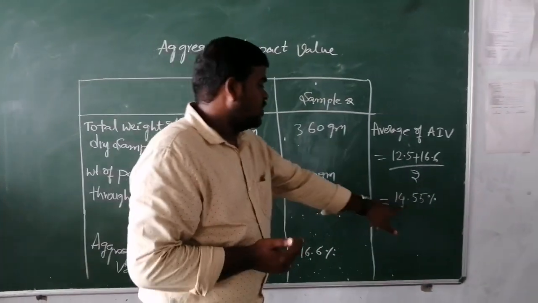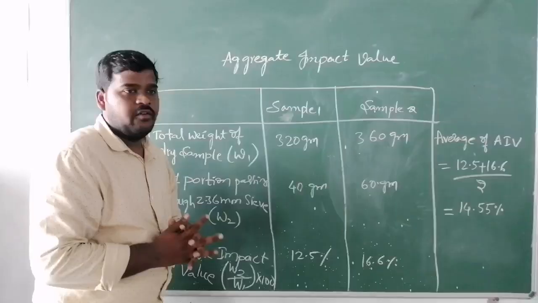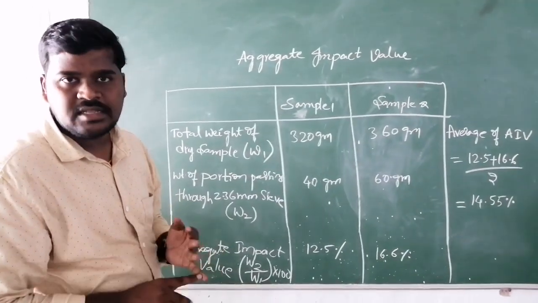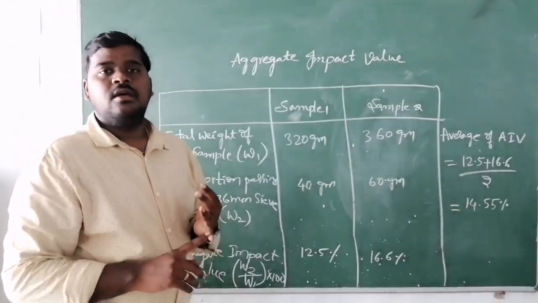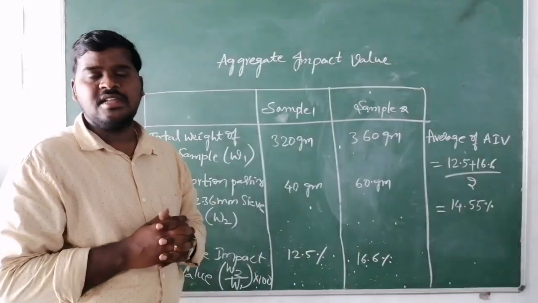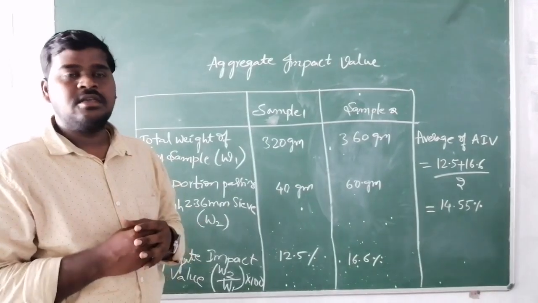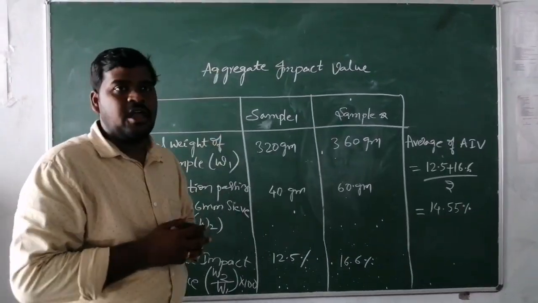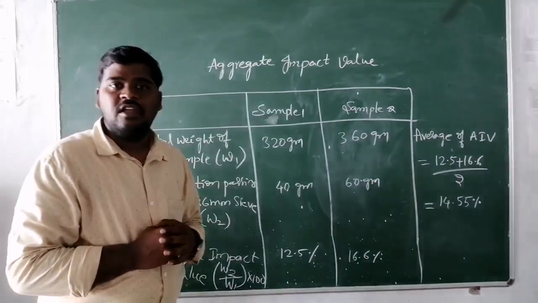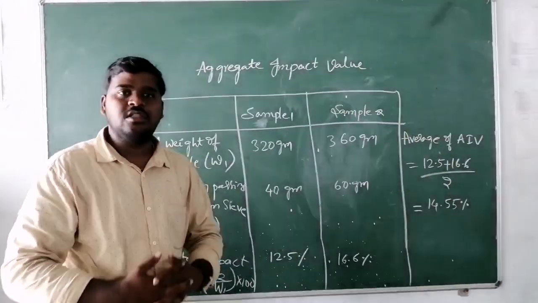Depending on this value, we can use the sample of aggregates for construction of roadworks like flexible and rigid pavements, and also for building construction, runways, and different types. So based on this aggregate impact value, the consideration of aggregate will be done for different types of construction work in civil engineering. Thank you for watching this video.